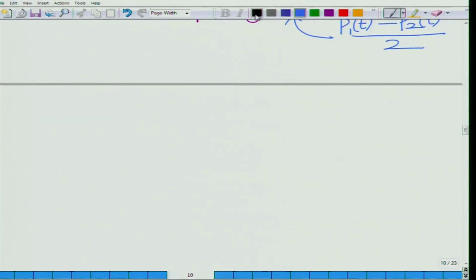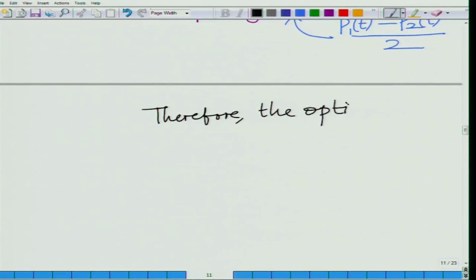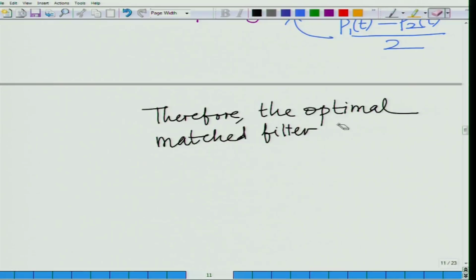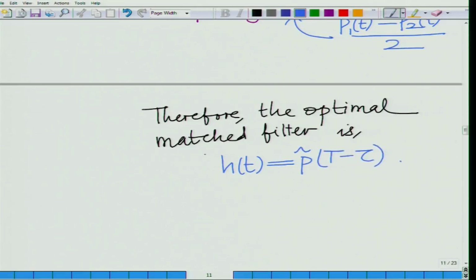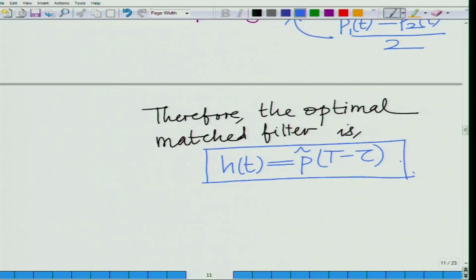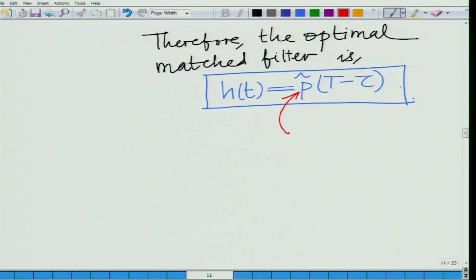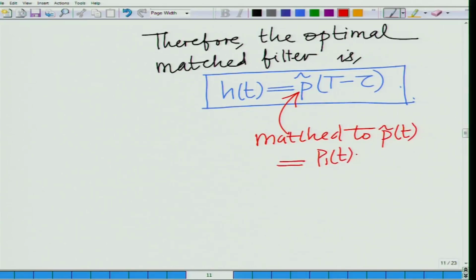Therefore, the optimal matched filter is h t equals p tilde t minus tau, that is matched to p tilde t, where p tilde t equals p 1 t minus p 2 t divided by 2.